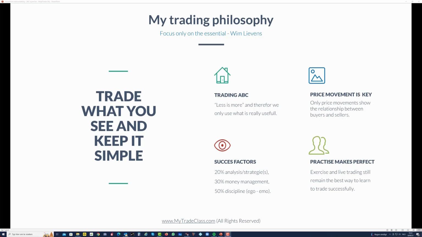Now, of course, this discipline and control of emotion and ego is very important, but unless your system and your money management are 100% clear to you and you don't know exactly how much that's going to bring, well, that part, this 50%, is going to be very difficult. So I think you need everything. Markets are very competitive, so you need to be successful in these three parts.